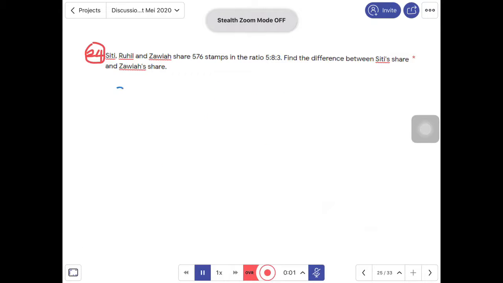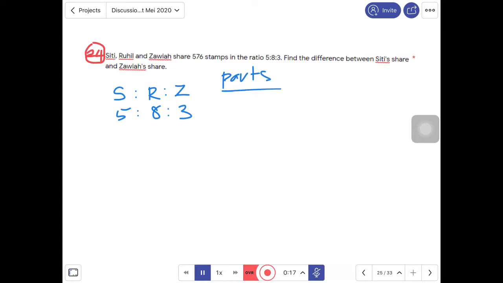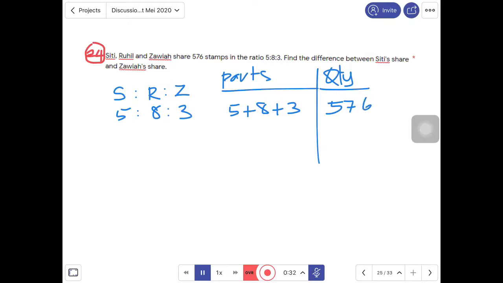Given the ratio of CT, Ruhil and Zawiyah is 5 to 8 and to 3. So here you can see that the parts are 5. This is the total parts, 5 plus 8 plus 3, and it says in the question that the total quantity is 576.